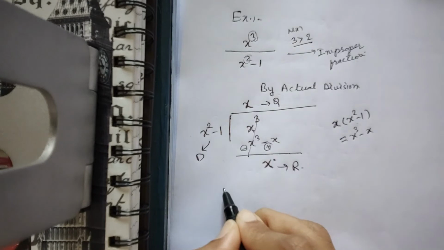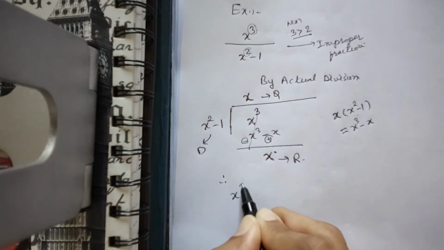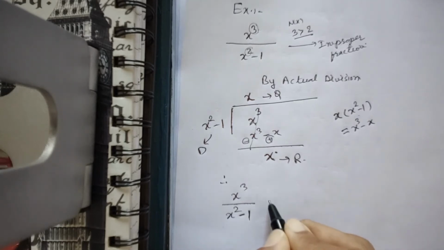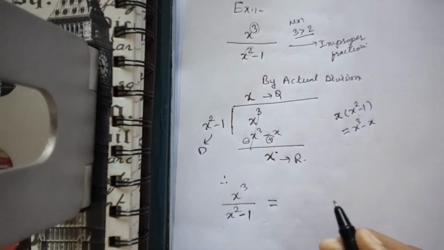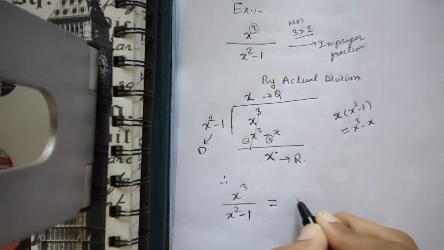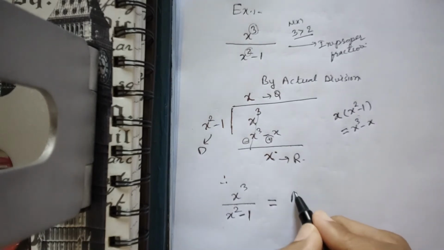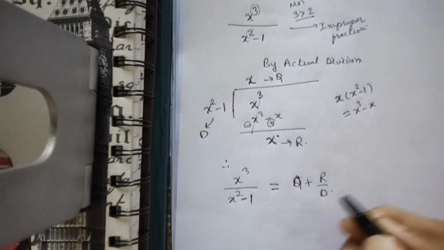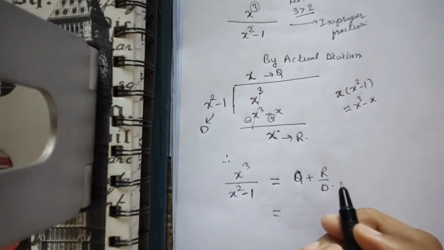So I can write, therefore, this x cube upon x square minus 1 will equal to quotient plus remainder upon divisor. So what is the quotient here?